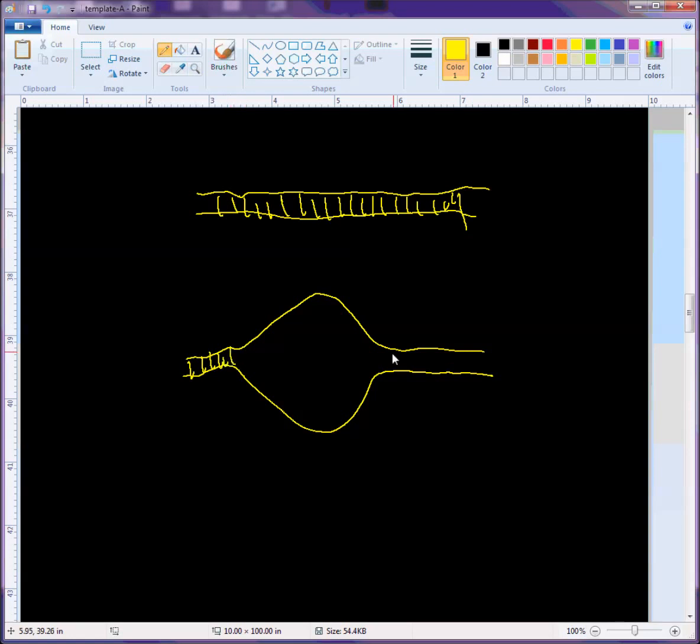And if DNA was replicated in one direction, let's say unidirectional, that might make more sense.